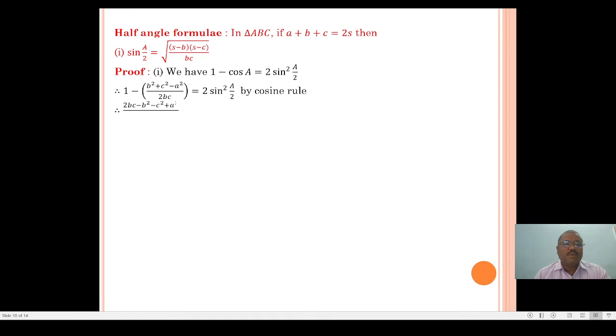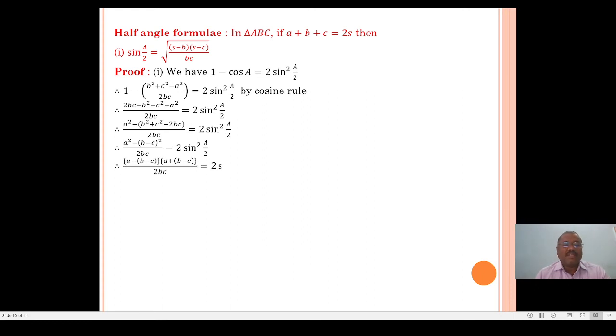So (2bc minus b square minus c square plus a square) upon 2bc equals 2 sin square A by 2. So a square minus (b square plus c square minus 2bc) upon 2bc equals 2 sin square A by 2. So a square minus (b minus c) whole square upon 2bc equals 2 sin square A by 2.